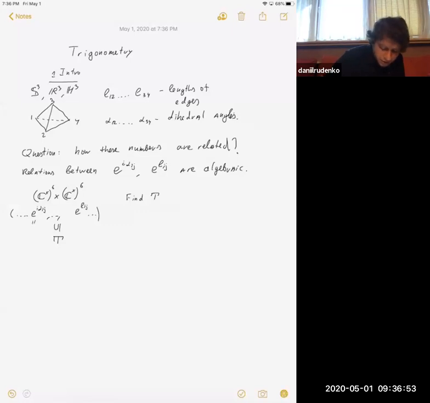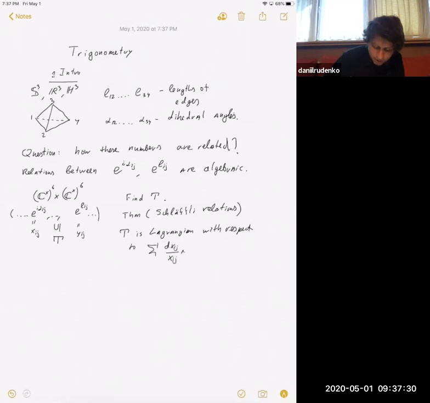If I denote exponents of angles by x_ij coordinates and lengths by y_ij coordinates, then there is a little theorem, which is called the Schläfli relations or identities, that T is Lagrangian with respect to the most natural symplectic structure, the sum of dx_ij over x_ij wedge dy_ij over y_ij.